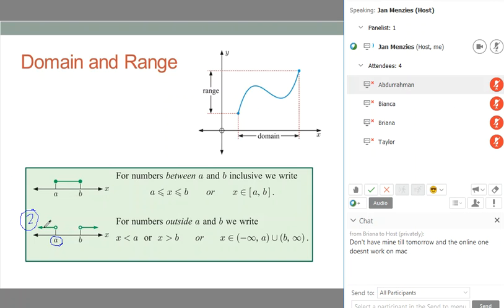Why do you think no? Because it says. All right, so the number is outside of the range. What can you see about the symbol that indicates that it's not included? Can someone help Bianca out? Can you notice what they've done?